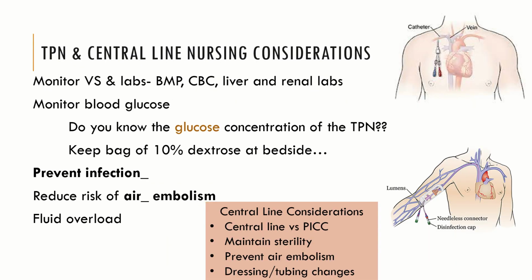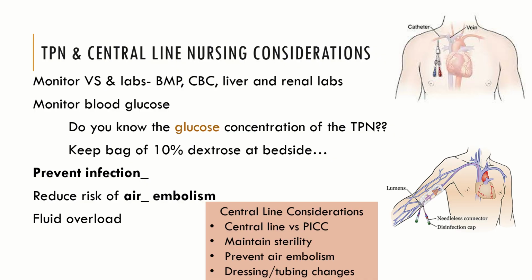So TPN is going to be going in through a central line, and some nursing considerations with central lines are different from peripheral lines, so we'll talk about these here. When we're giving TPN, we want to be monitoring vitals and labs frequently, so daily we're going to be doing BMPs and CBCs, we're going to watch liver and renal labs, and we're going to be monitoring the blood glucose.